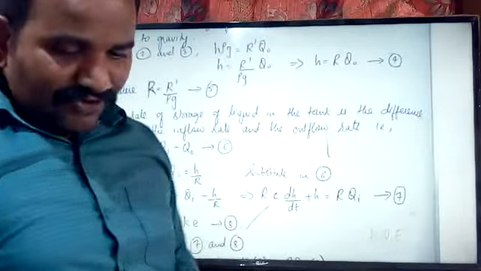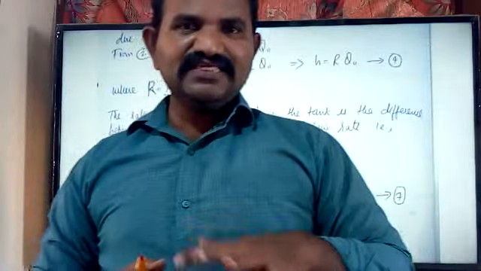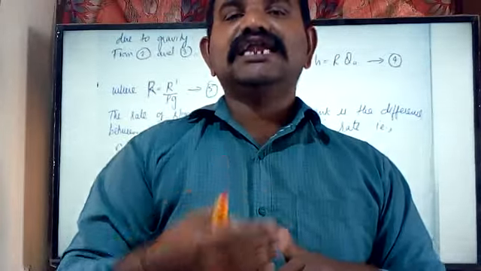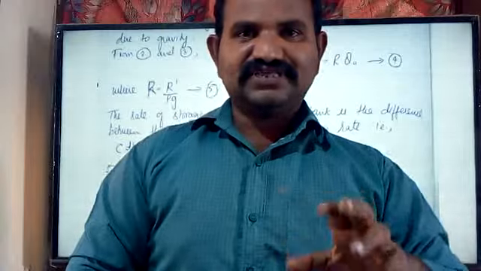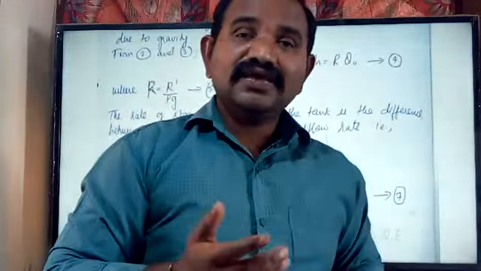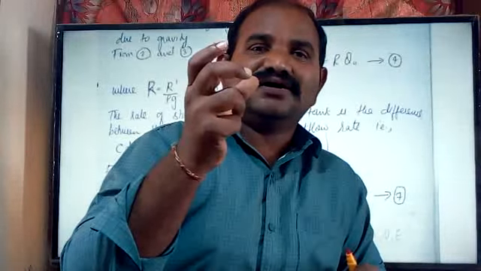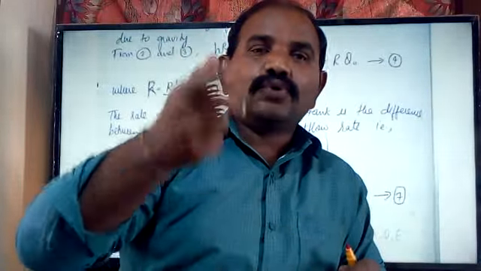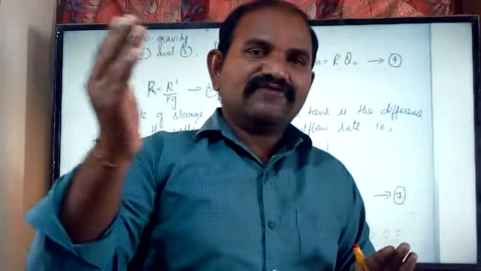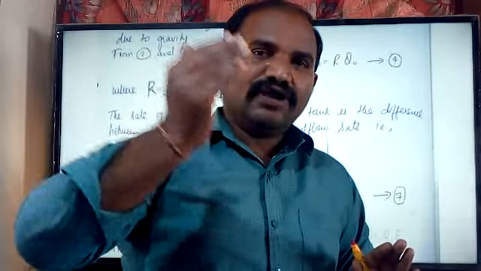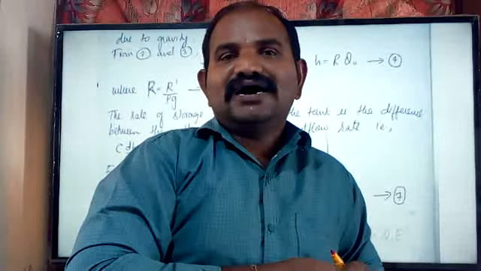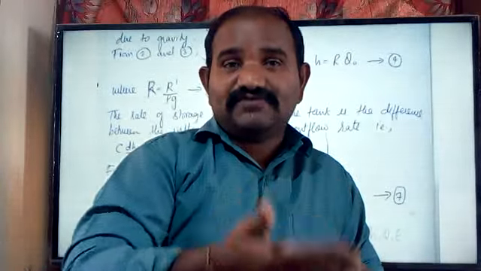Another case is when you want to know the rate of change of the liquid height within the tank. What you are supposed to do is find how much change there is in the height of the liquid within the tank. If you take the difference between the volume of the outflowing liquid and the volume of the inflowing liquid, then you get the rate of change of height of the liquid within the tank.